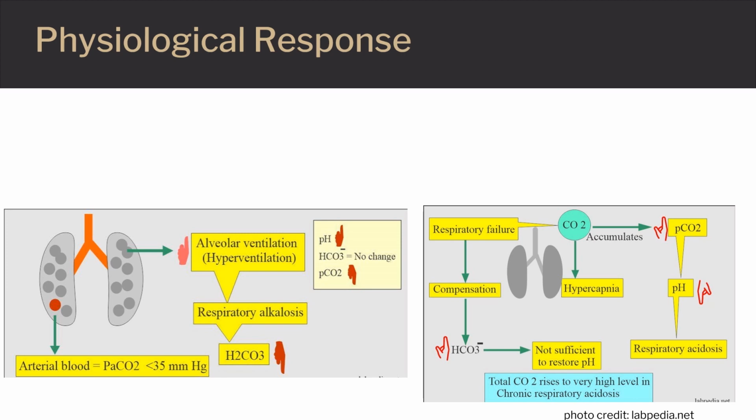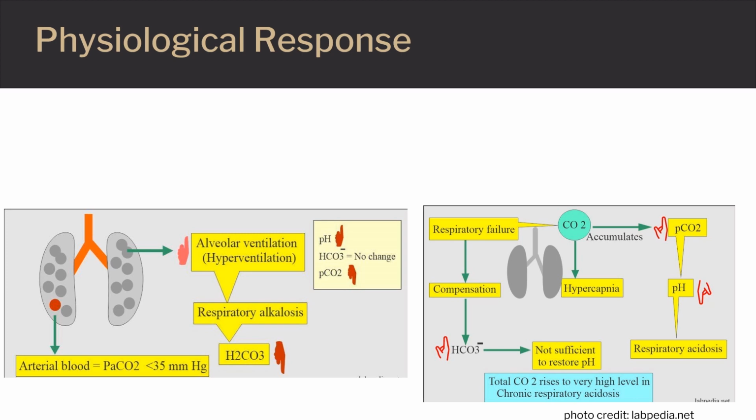Metabolism rapidly generates a large quantity of volatile acid, H2CO3, and non-volatile acid. The metabolism of fats and carbohydrates leads to the formation of a large amount of CO2. The CO2 combines with H2O to form carbonic acid, H2CO3.